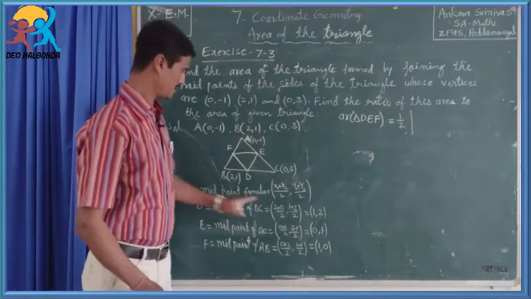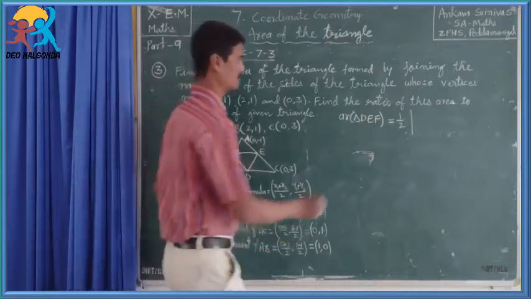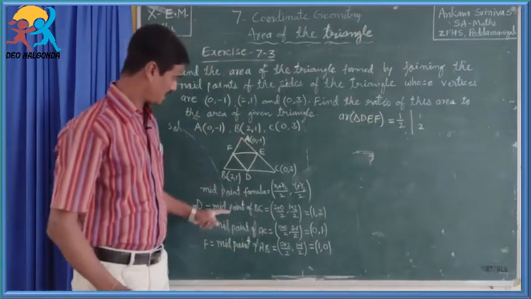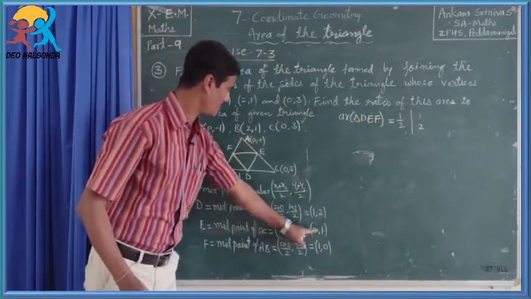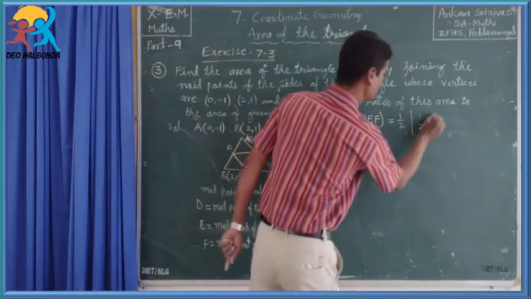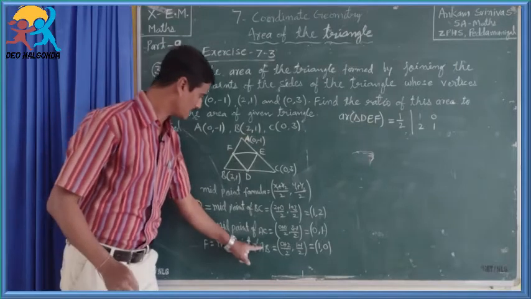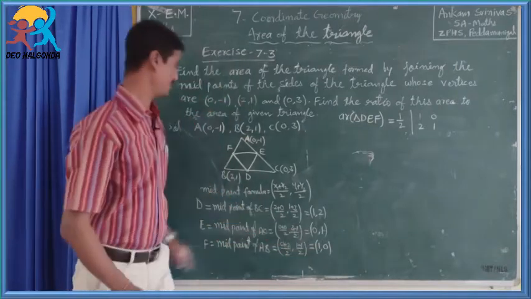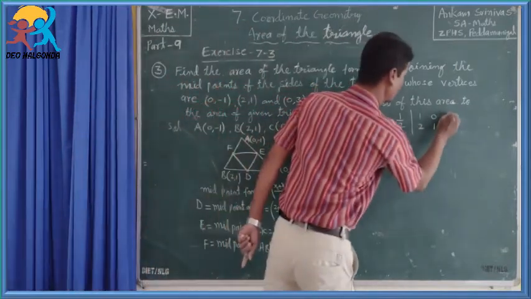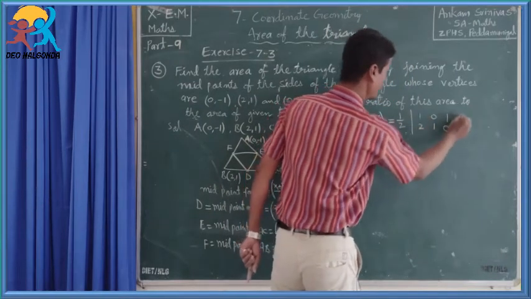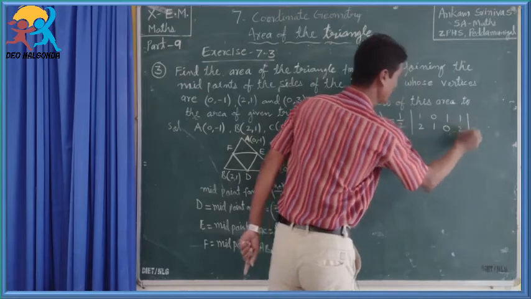First one 1 comma 2, second one 0 comma 1, and third one 1 comma 0, and repeat the first vertex 1 comma 2.